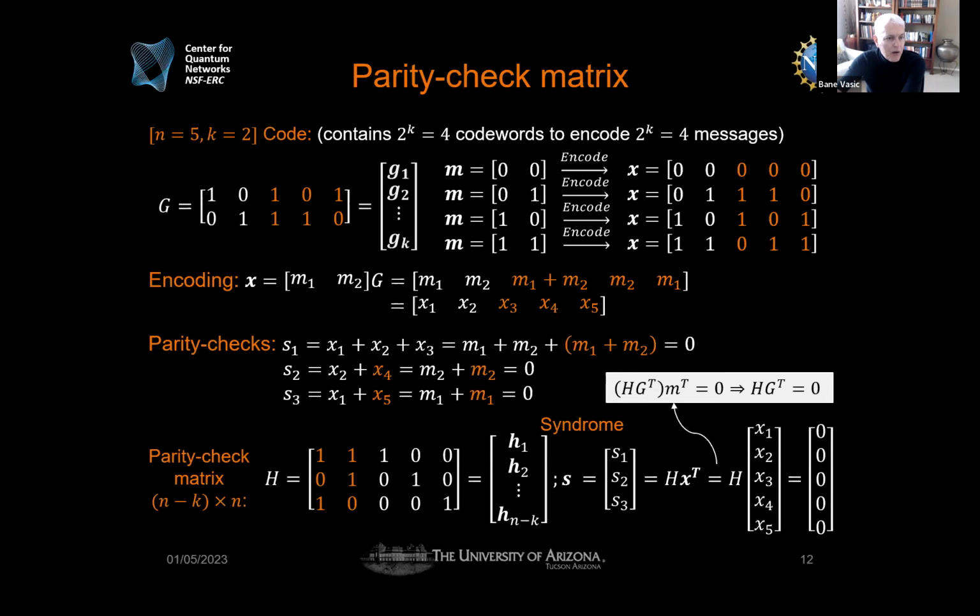Each of these bits, when I add it to itself, because it is XOR, must sum to 0. So M1 plus M2 summed twice, XOR twice, must be 0, and the same for the others. This is how we create these syndrome values S1, S2 and S3, and of course they must be 0.